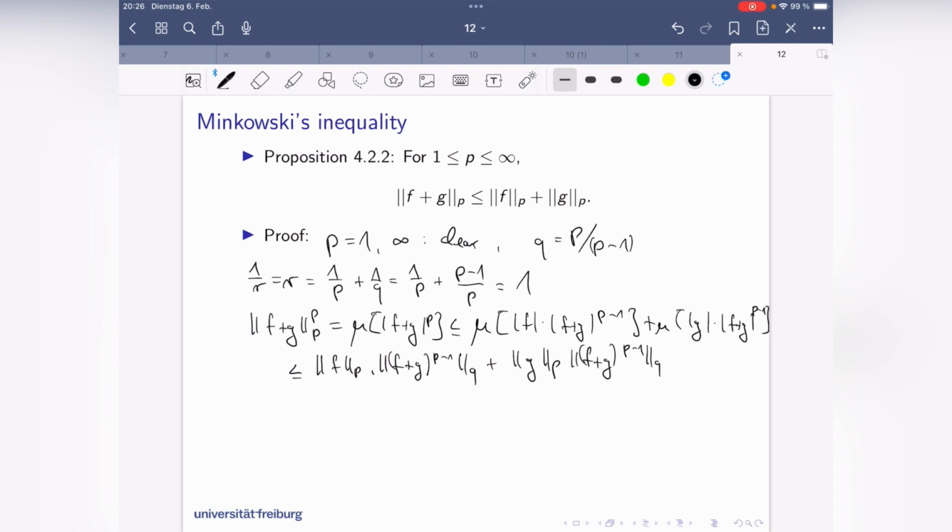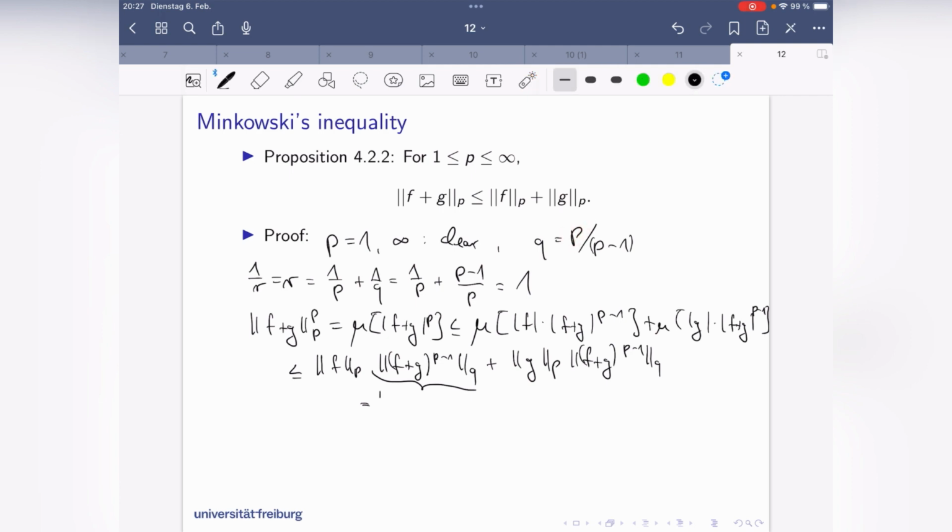And now let's look at this here. What is this? Well, let's write that out. The point is I have a p minus 1 here and I need the q norm, so I have to take this function here to the power of q, so I multiply p minus 1 and q, and that is exactly p.